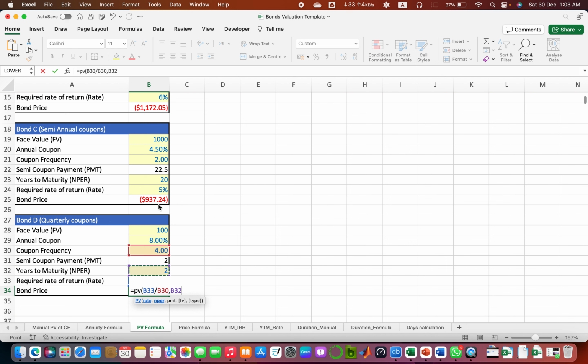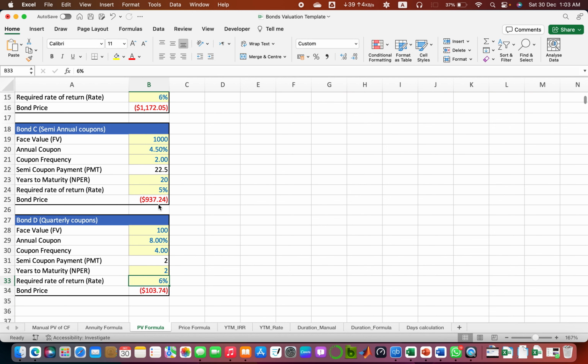The number of periods will be number of years multiplied by the frequency, and PMT is the payment. We already adjusted the frequency here, so we don't need to multiply or divide any number. And then face value is 1000 and 0. So we got it.